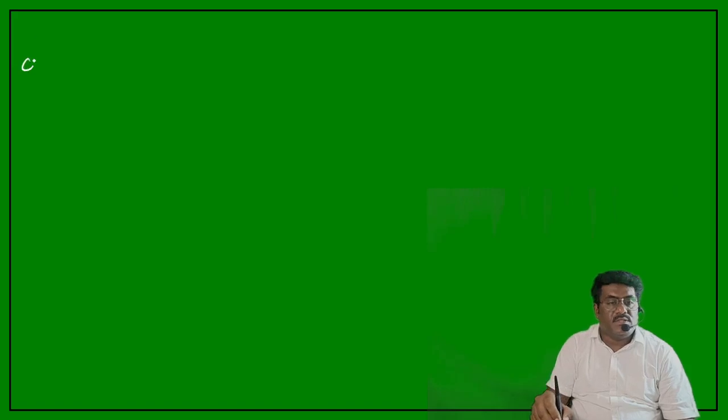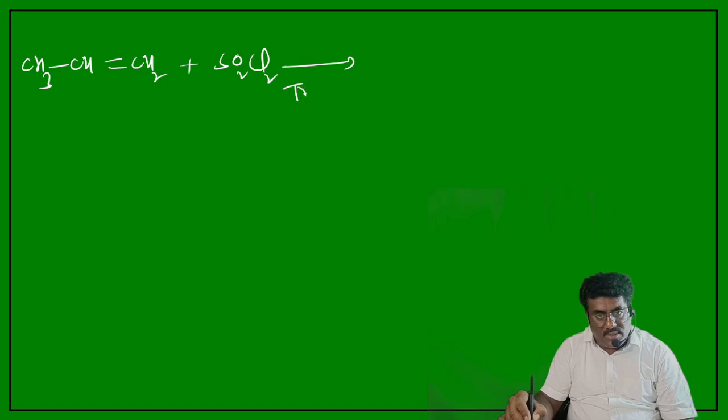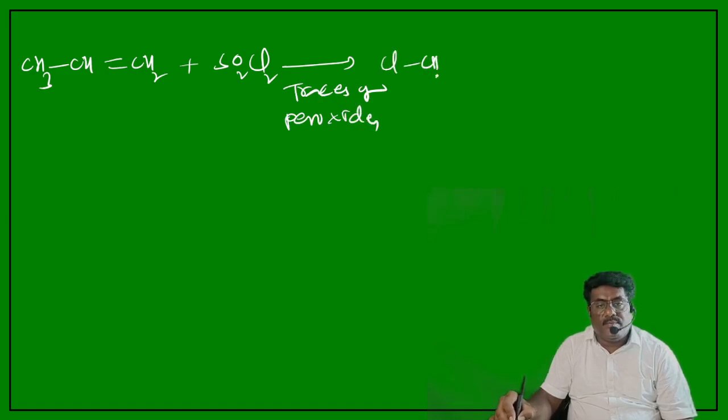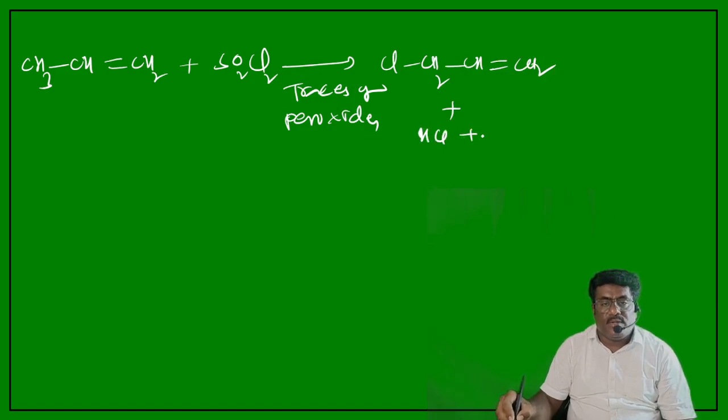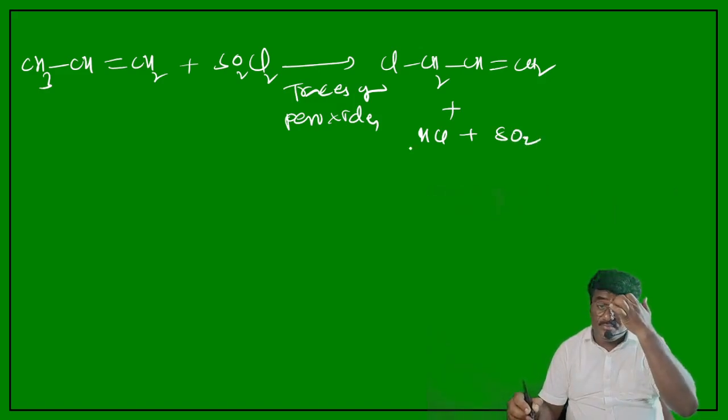For example, CH3CH=CH2 in presence of sulfuryl chloride, SO2Cl2, with traces of peroxides, gives ClCH2CH=CH2 plus HCl plus sulfur dioxide. Have a look at the next reaction.